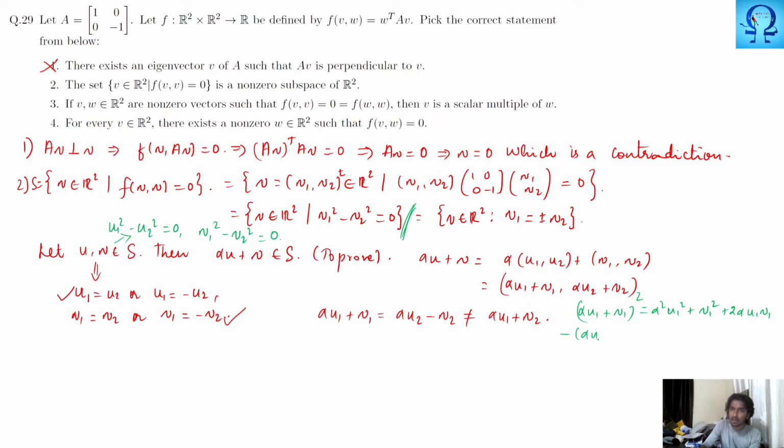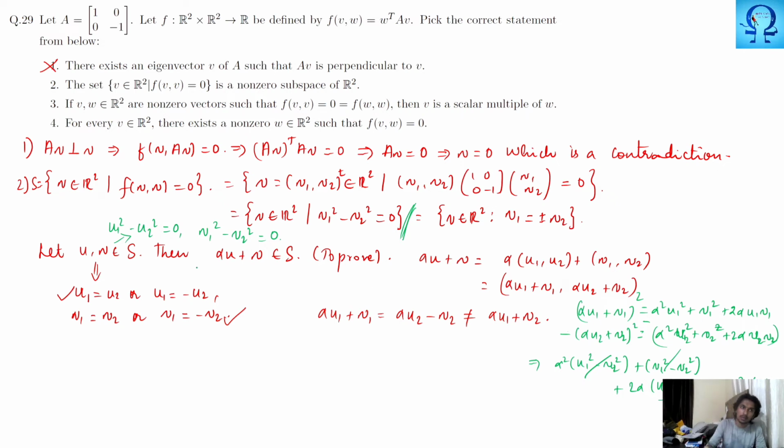Then I have to subtract alpha u2 plus v2 square, which is alpha square u2 square plus v2 square plus 2 times alpha u2 v2. Now I am subtracting this quantity from this. So what I have is alpha square times u1 square minus u2 square, plus v1 square minus v2 square, plus 2 alpha times u1 v1 minus u2 v2. So this thing is 0, this thing is 0, but there is no guarantee that this thing is equal to 0. This need not be equal to 0 always.